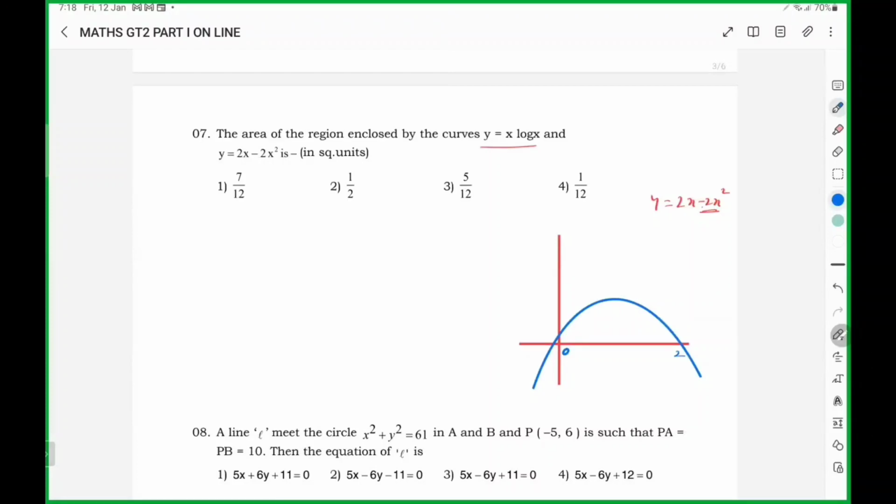So here where they intersect, sorry, here x is 1. So at x equal to 1 it intersects.